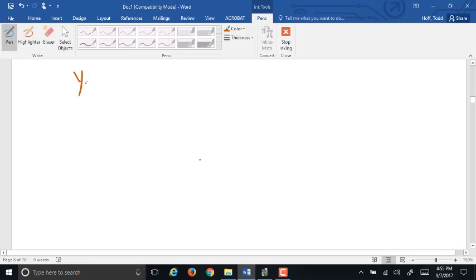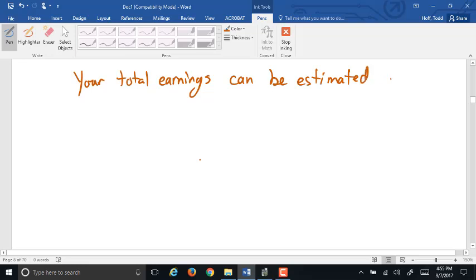let's say your total earnings can be estimated as 4 times your tax.